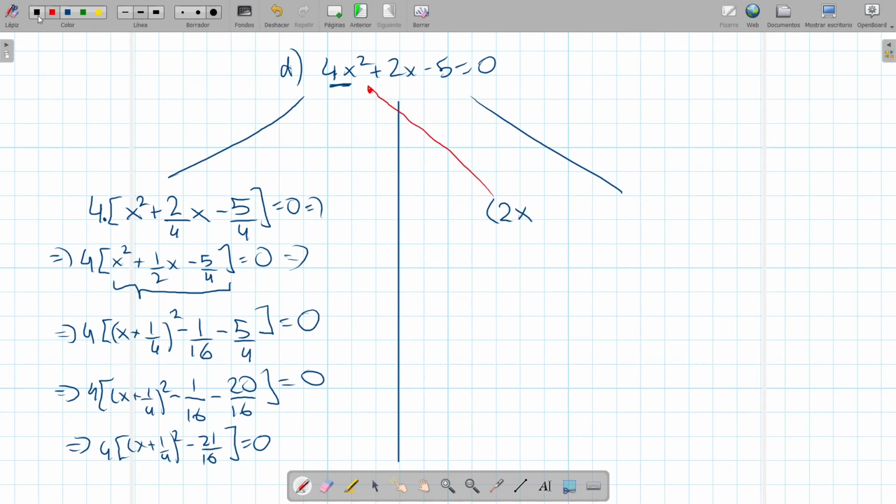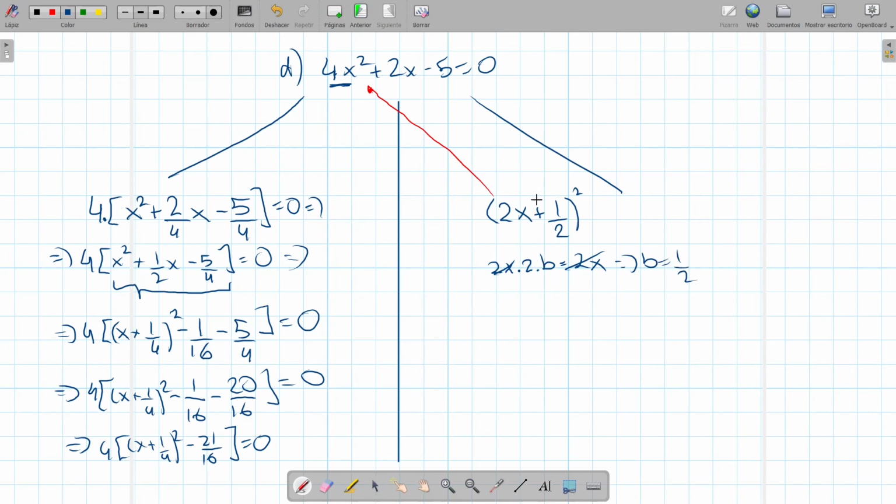So we realize that that's a perfect square, and what would we have to have here? Well, this term would be 2x times 2 times b. So if 2x times 2 times b has to be 2x, then b has to be 1/2.